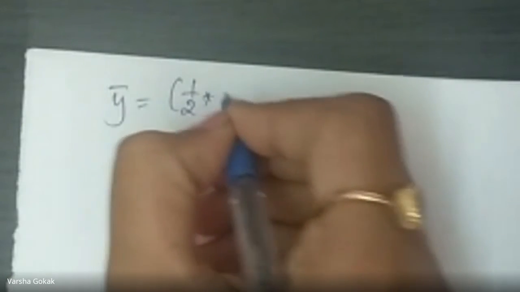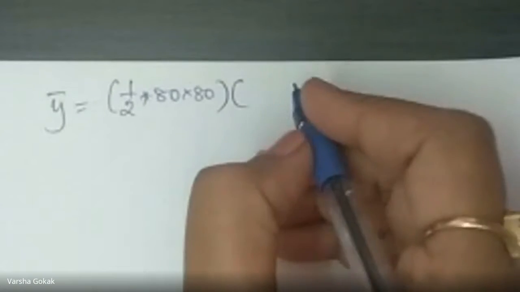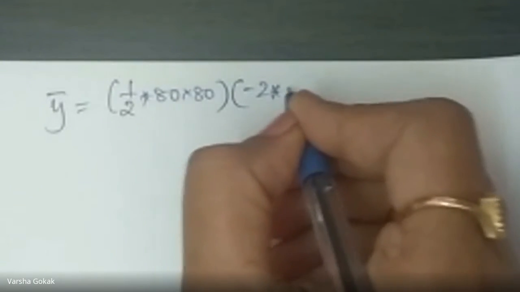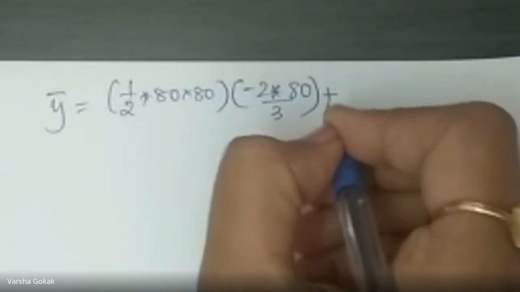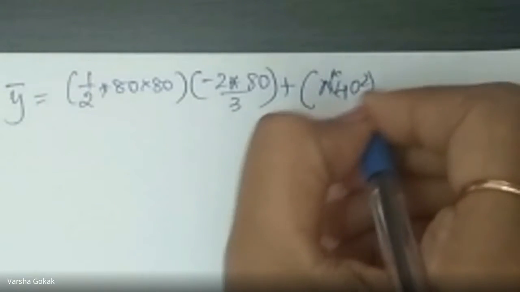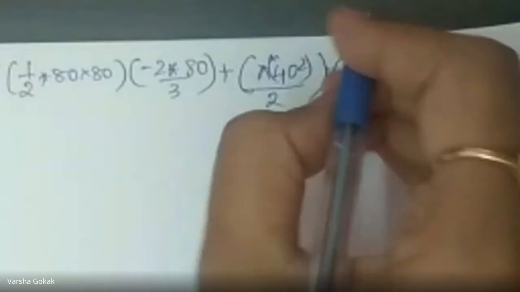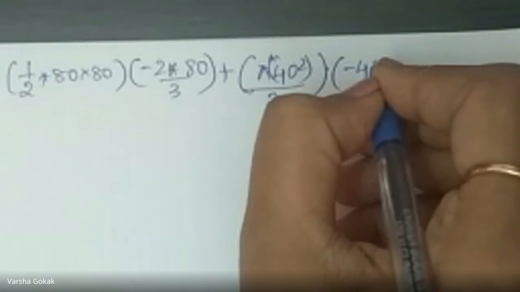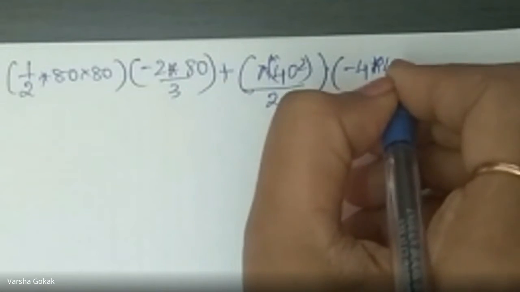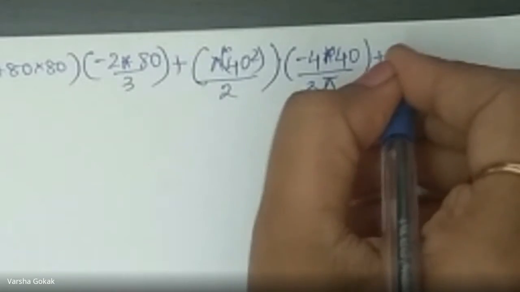So y bar is equal to A1 y1 plus A2 y2 plus A3 y3, divided by A1, A2, A3. A1 is half into 80 into 80. Y1 value is minus 2 into 80 by 3. A2 is pi 40 square divided by 2, and y2 is minus 4 into 40 divided by 3 pi plus 80.